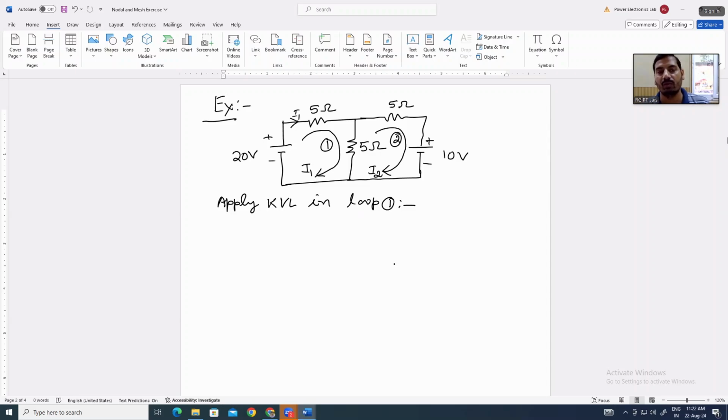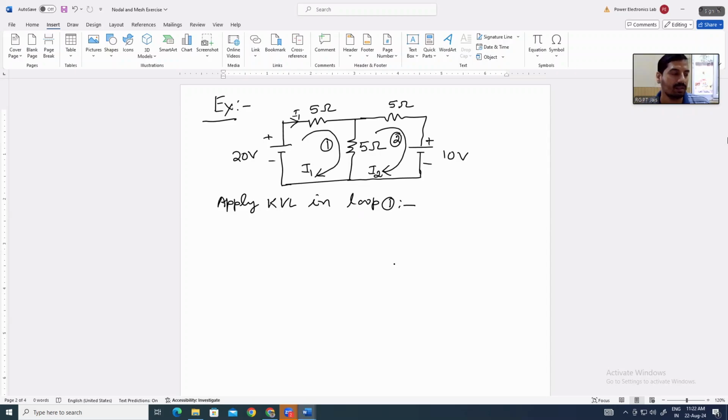What will be the voltage drop across this 5 ohm resistance? 5 I1. Very good.